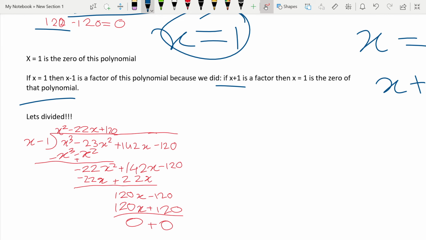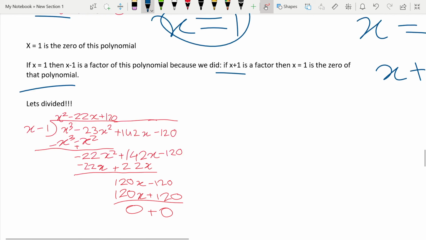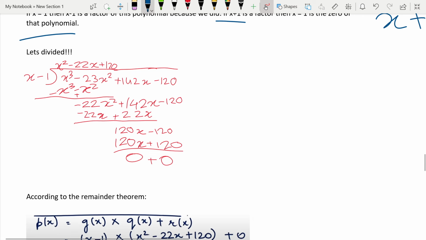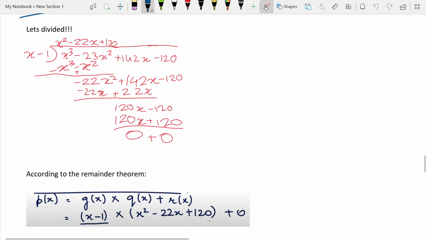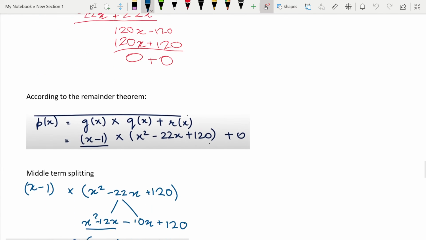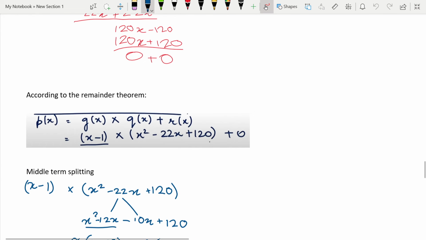I've done the dividing here. You can see the working out. Now let's move on, because I know you guys already know it, so you can do this by yourself, okay? Now, according to the remainder theorem, we had divisor times quotient plus remainder is equal to the whole polynomial, right?